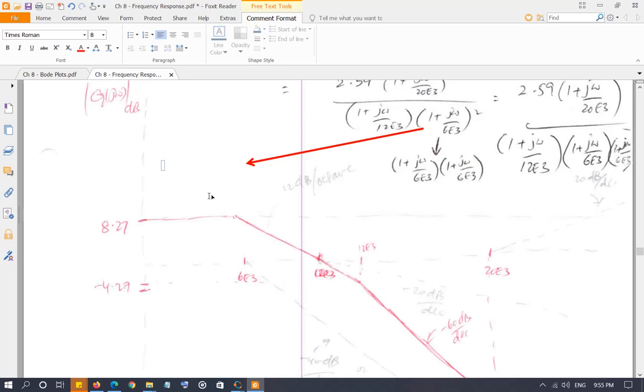Square root of, and the value is squared, so square root of 1 plus omega over 6 exponent 3 squared.